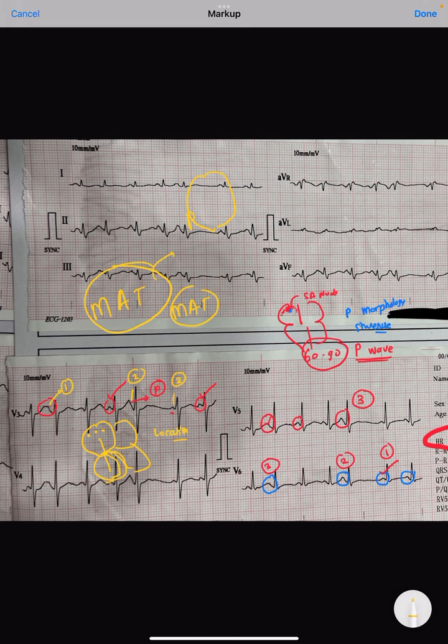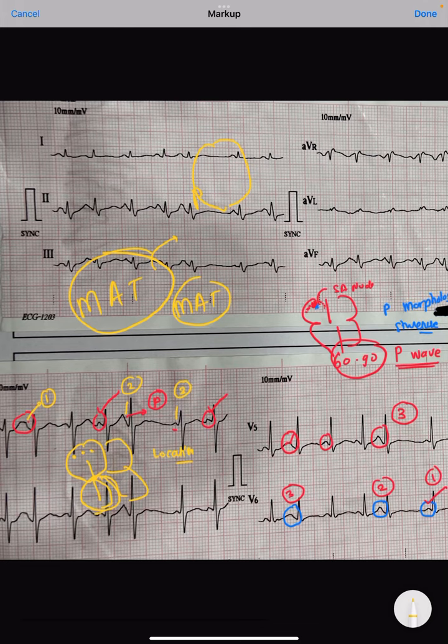Disorders like MS, MR, RVH, TR, TS, which damage the atria, can lead to fibrosis and multiple atrial foci working as pacemakers. So this is typical of MAT.